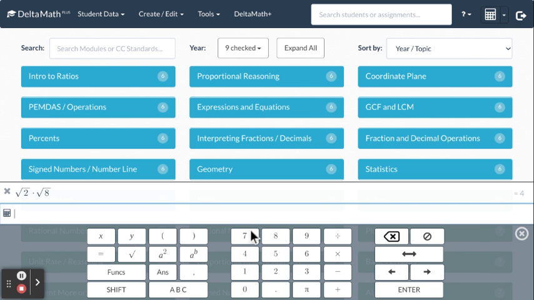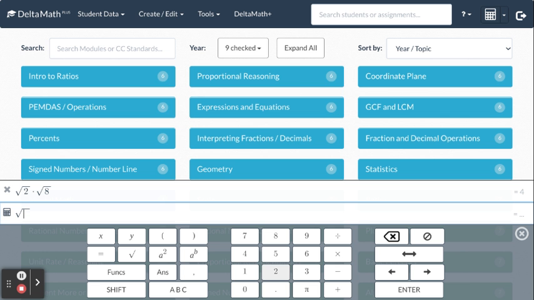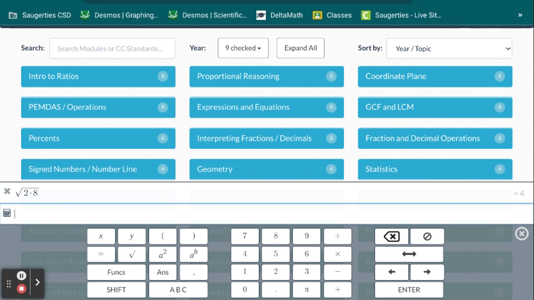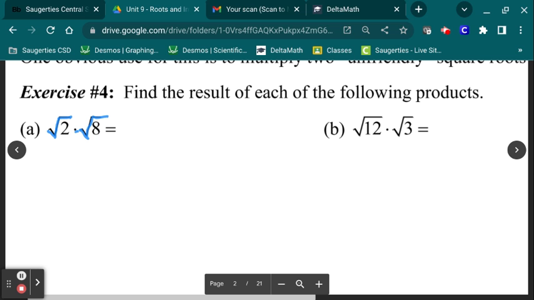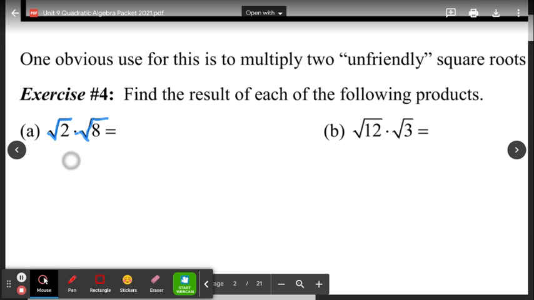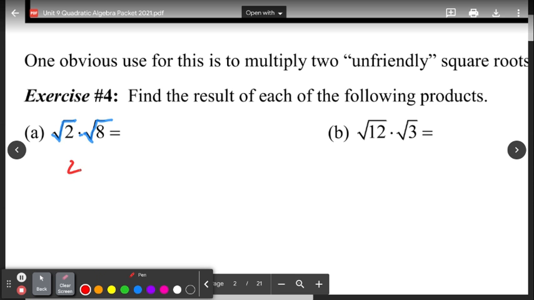Enter. And I get 4. Now I can also put it all under the square root symbol. 2 times 8. So either way, you get a 4.